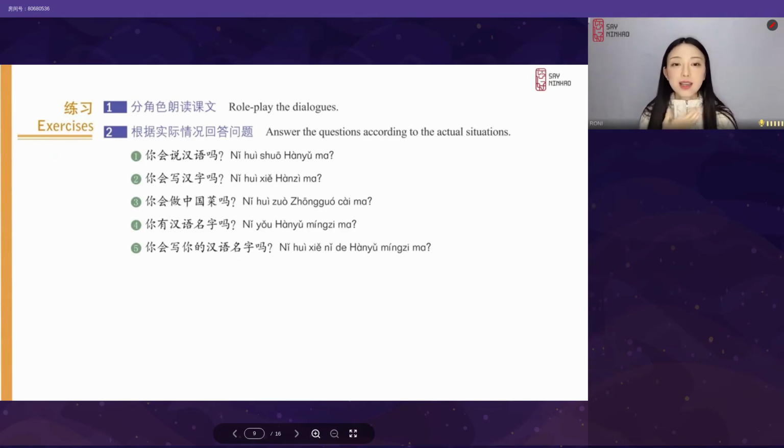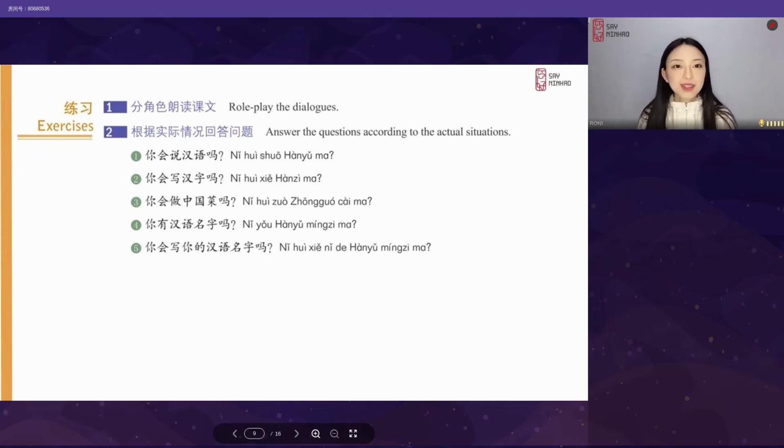So the answer is 我会说汉语 or 我不会说汉语. But since you've already learned 5 lessons, you can already speak Chinese, right? So 我会说汉语. Next, 你会写汉字吗?